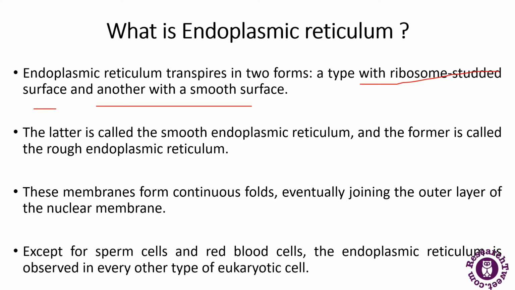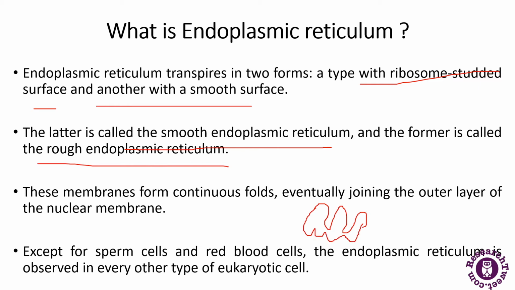Here the latter is the smooth endoplasmic reticulum, the former is the rough endoplasmic reticulum. As also seen in the picture, there were continuous folds in the endoplasmic reticulum, and it was connected to the nuclear membrane. And I have already mentioned that it is observed in all types of eukaryotic cells except sperm cells and red blood cells.